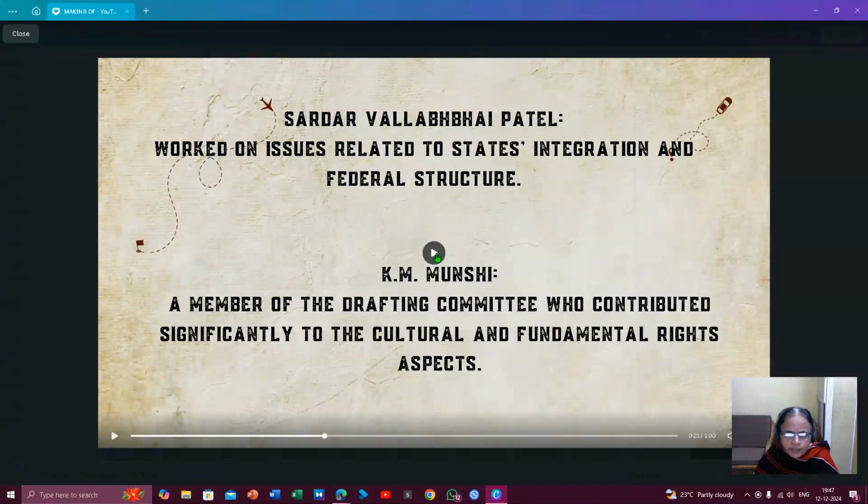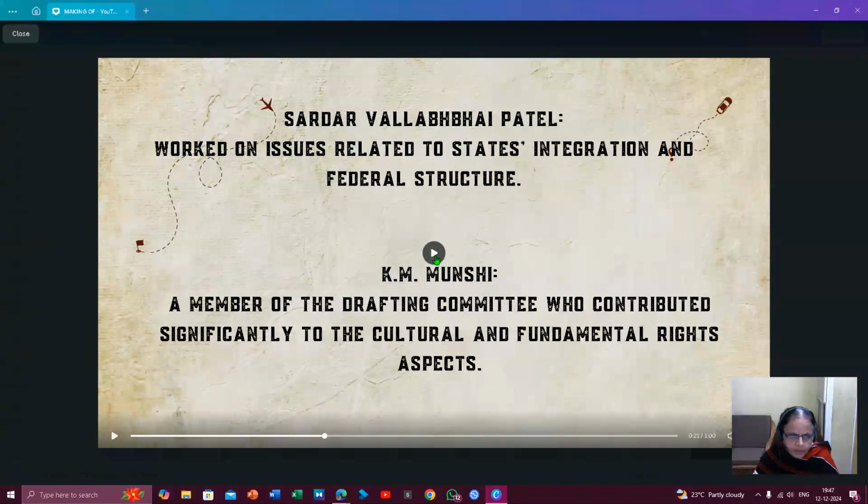He conducted deliberations and brought them under one structure, and he gave suggestions on how the state governments and central government should function. We have a federal structure. For that, it is Sardar Vallabhbhai Patel, the man who worked very hard to bring India under one system.